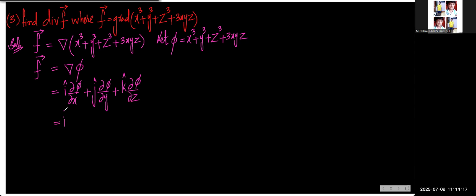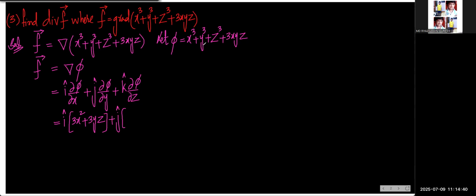This is I cap as it is. Now with respect to x for this function phi, what is the answer? Come on, it's 3x square for x cube. Now x is 3y there, plus 3yz there, because x becomes 1, plus j cap.